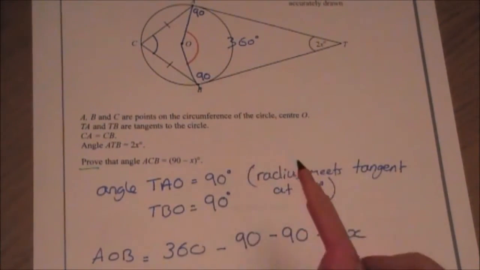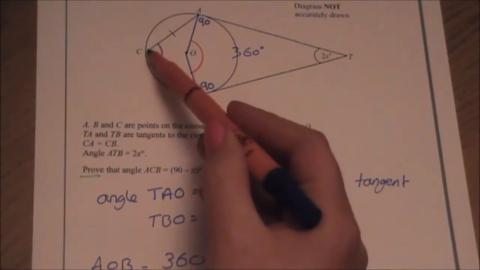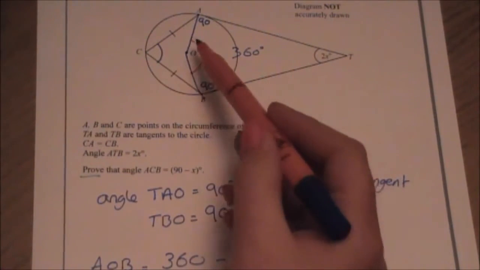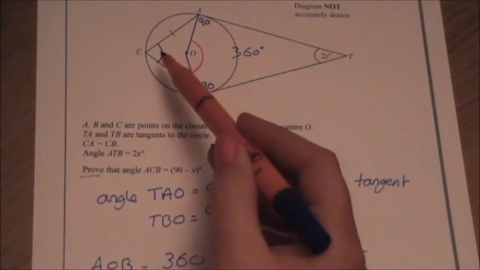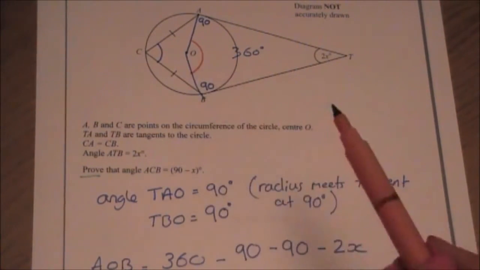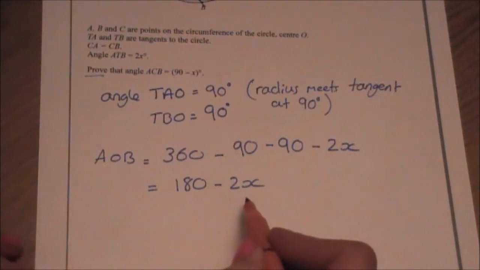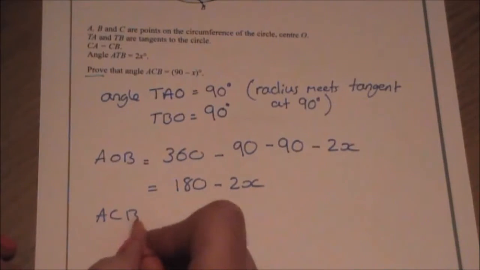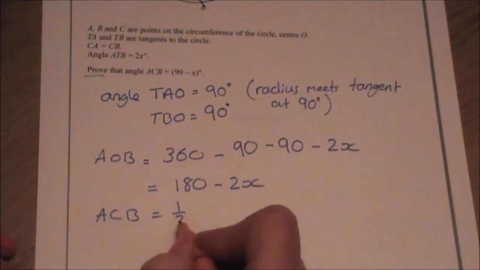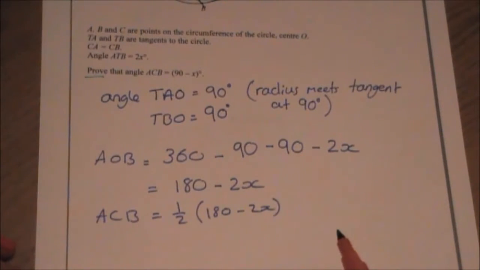So now I've got an expression there for this angle here. The reason I wanted that angle is because of the second rule, which states that the angle at the circumference is half the angle at the centre. So this is the angle at the centre, this angle is exactly half of that. If the angle at the centre is 180 minus 2x, then angle ACB is going to be equal to half of 180 minus 2x.